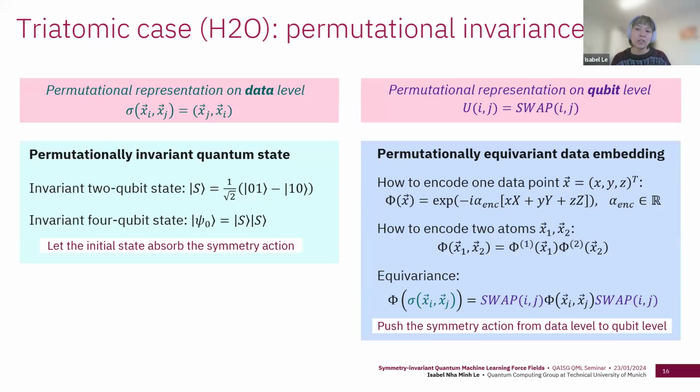So we can just stick to this choice as an initial state. And the previous embedding scheme for one data point can simply be extended for embedding two atoms. And we see that this indeed is not only rotationally equivariant, but also equivariant with respect to the permutations, since encoding two swapped atoms is just the same as encoding the atoms in the original order and then swapping the qubits.